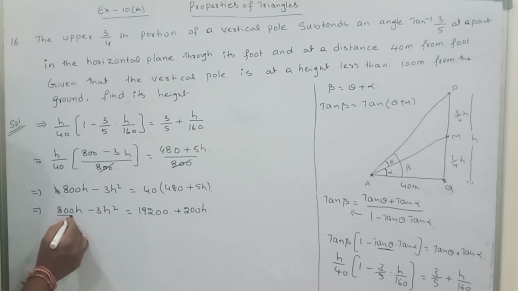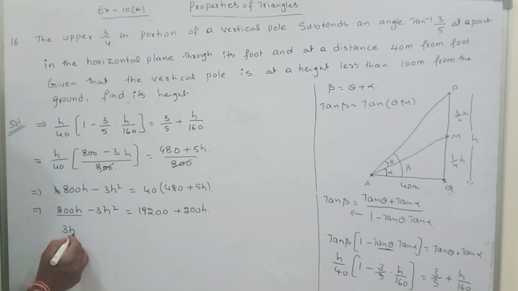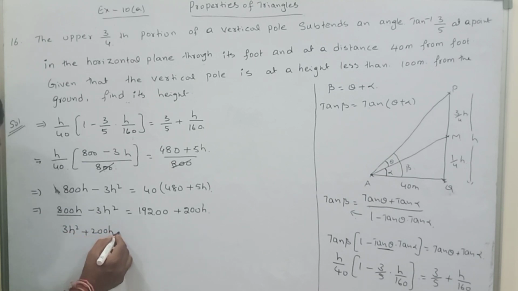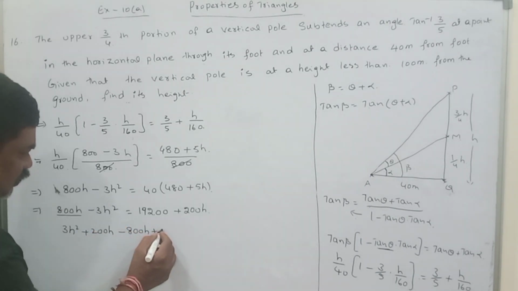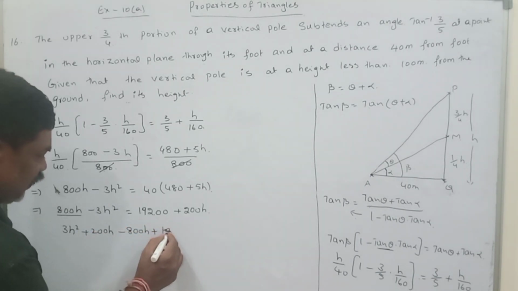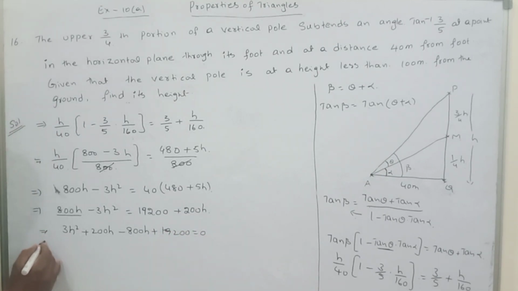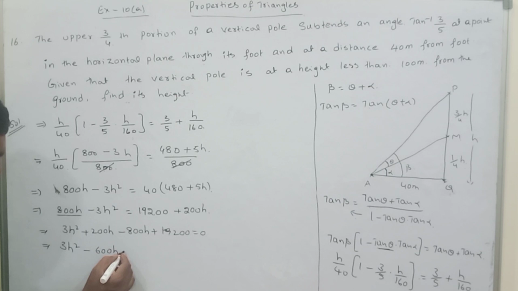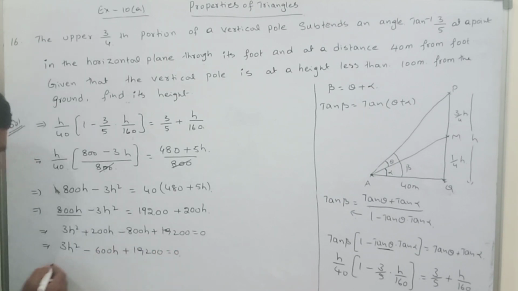Taking 3H square to this side: 3H square plus 200H minus 800H plus 19200 is equal to 0. So this implies 3H square minus 600H plus 19200 equal to 0.